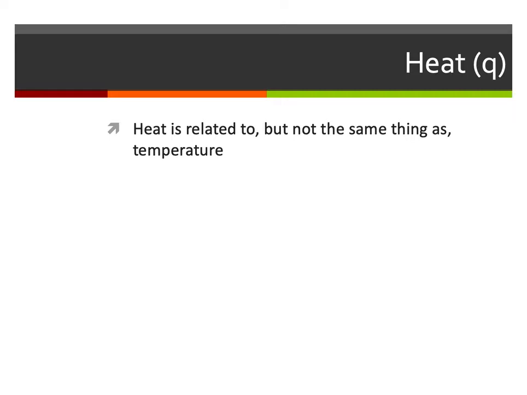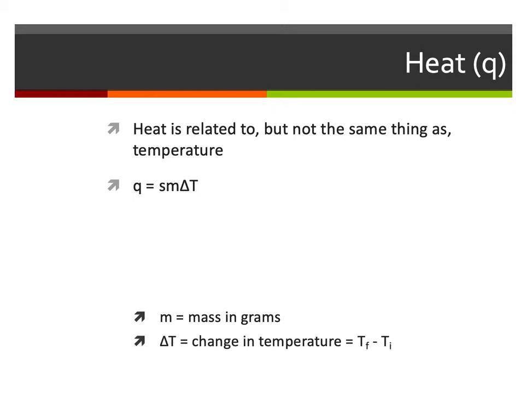There is a way, however, to correlate temperature and heat, and that's with the equation q = smΔT. In this equation, m is the mass in grams, ΔT is the change in temperature, and like any instance where we use the delta symbol, we are always saying final temperature minus initial temperature.